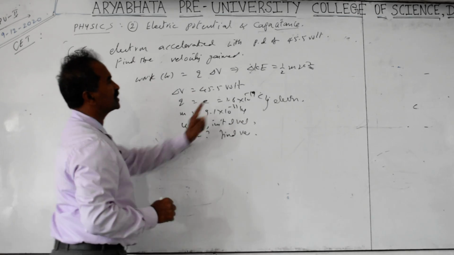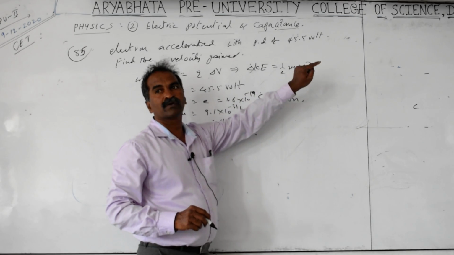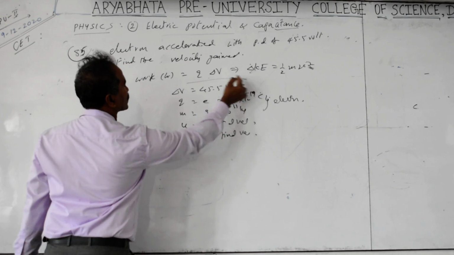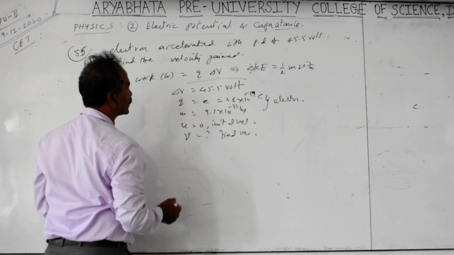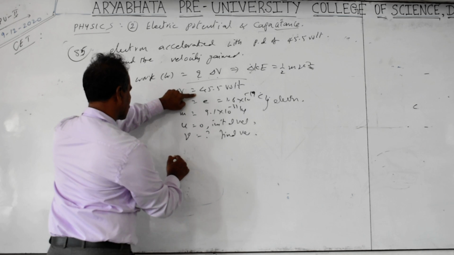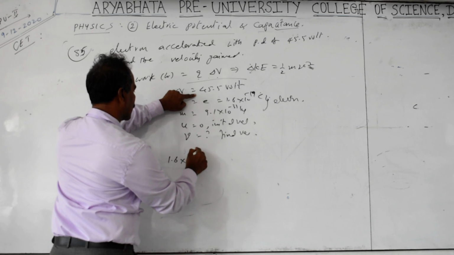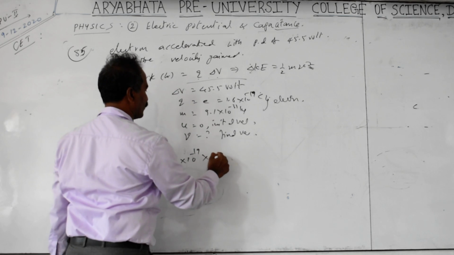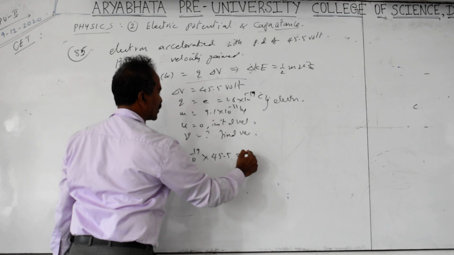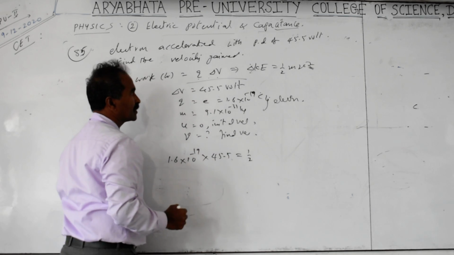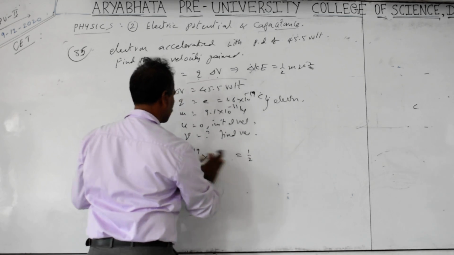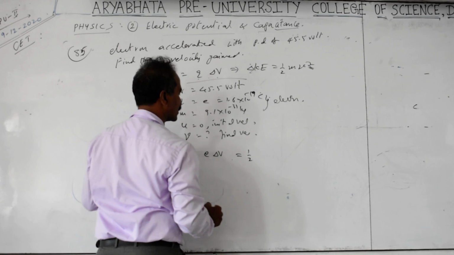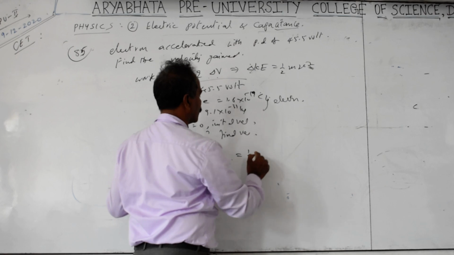Substituting the values: e into V, e is 1.6 into 10 to the power of minus 19 into potential difference 45.5, is equal to half into m into v square. Let me mention the symbol form first: e into delta V equal to half into m v square.